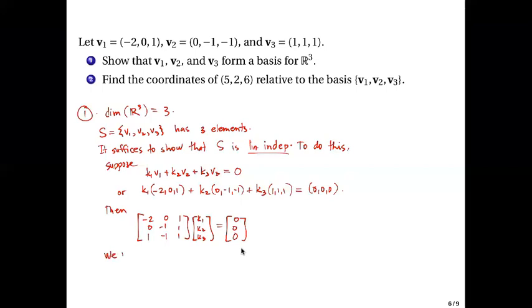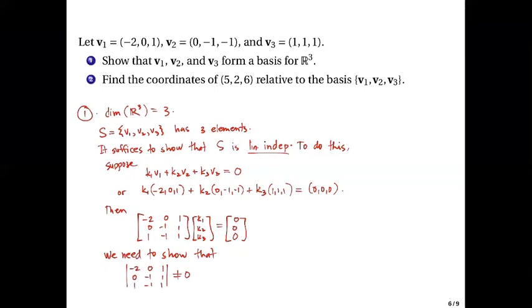We need to show that the determinant of negative 2, 0, 1, 0, negative 1, 1, 1, negative 1, 1, the determinant of this is not equal to 0. Okay?